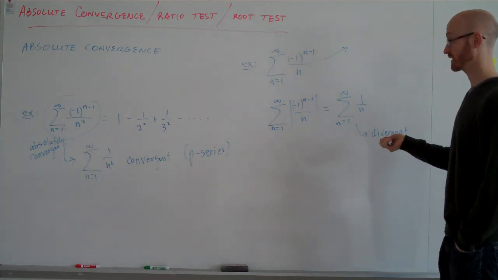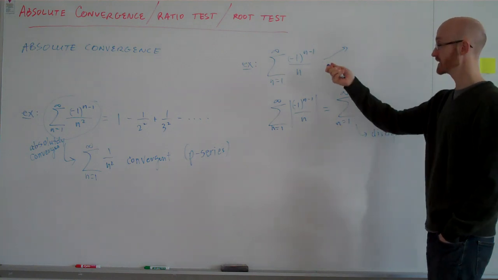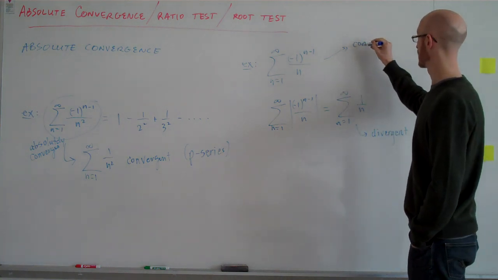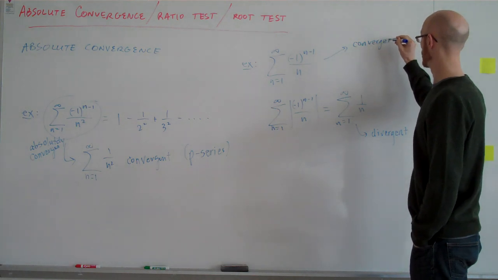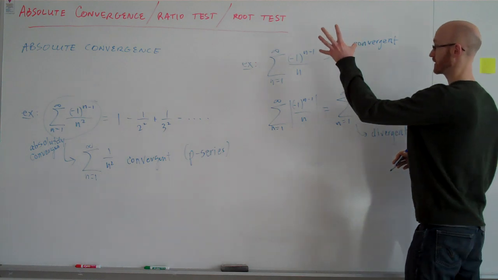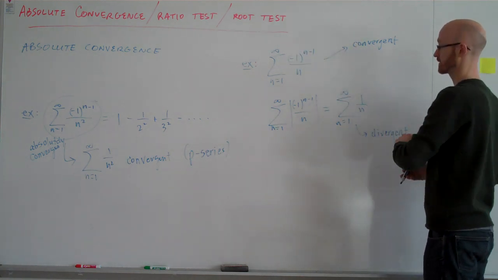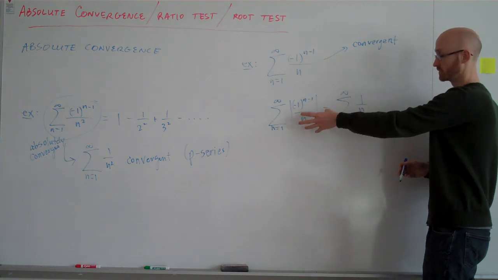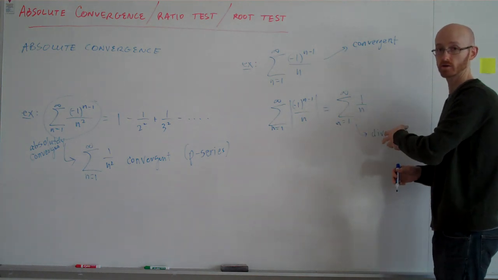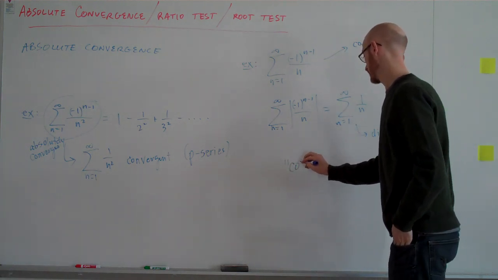If you're wondering why I said divergent, well, I said that the harmonic series was divergent. The alternating harmonic series is convergent. But the point for the purposes of this lesson is that if the alternating series converges and the absolute value of the series diverges, then we call this thing conditionally convergent.